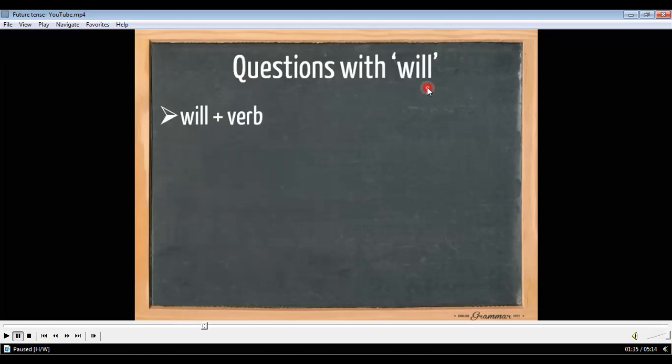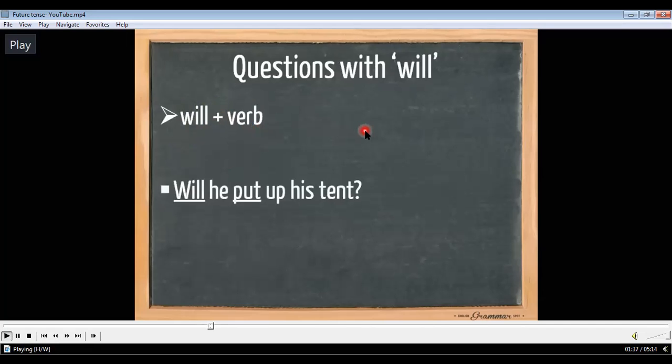Questions with will. In questions we can also use will, but as I've mentioned, we use will with he, she, it, or they, and we cannot use will for I and we. Again, we use the base form of the verb.